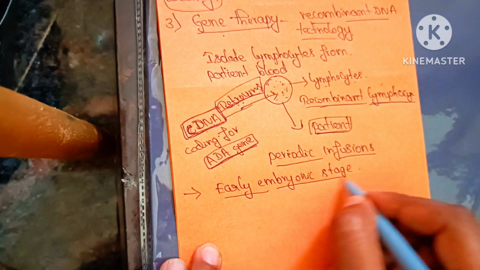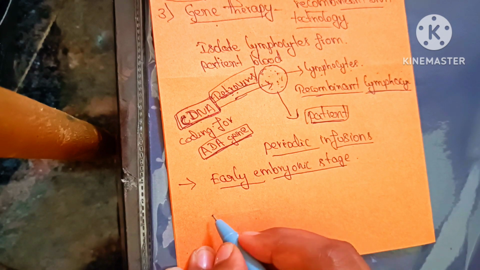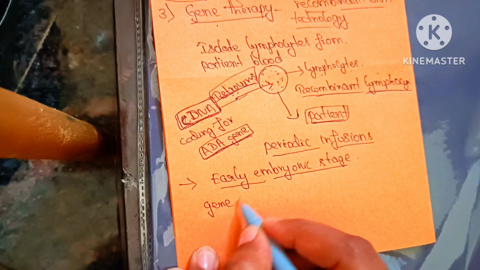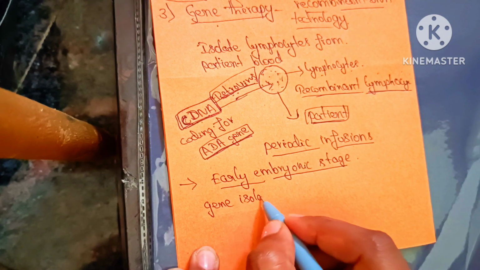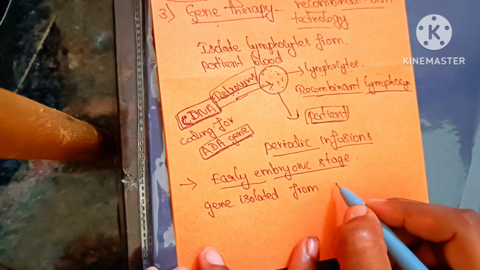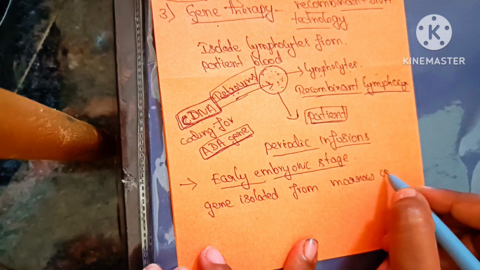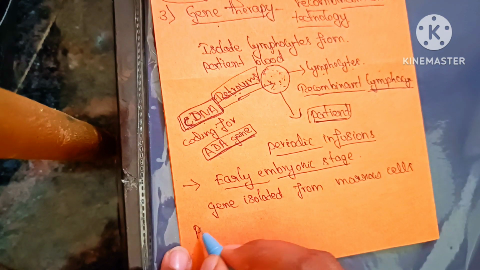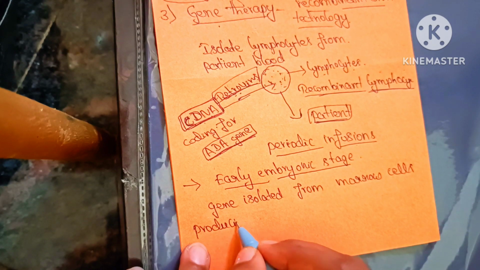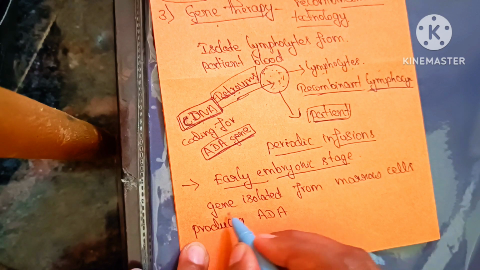Then in the early embryonic stage itself, the gene isolated from marrow cells producing ADA is introduced. So this is very important.